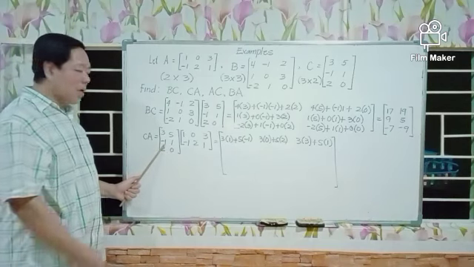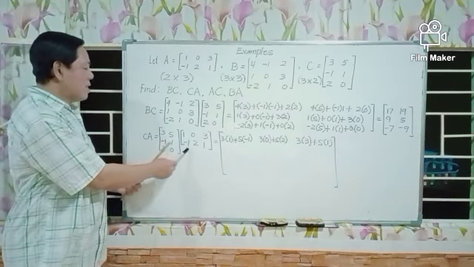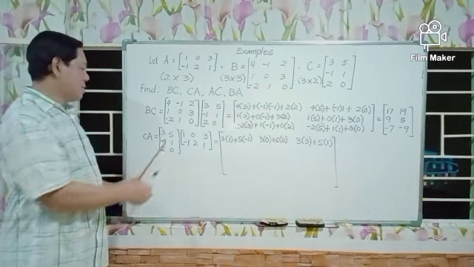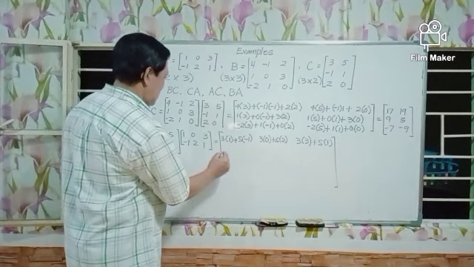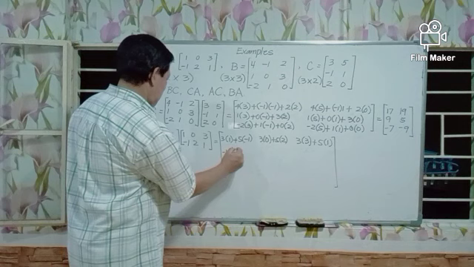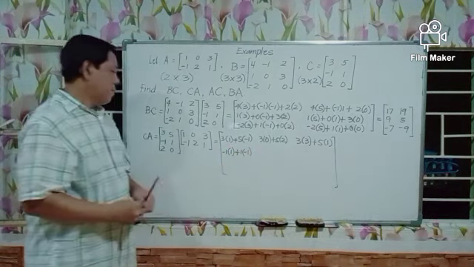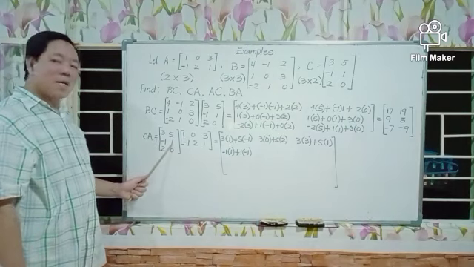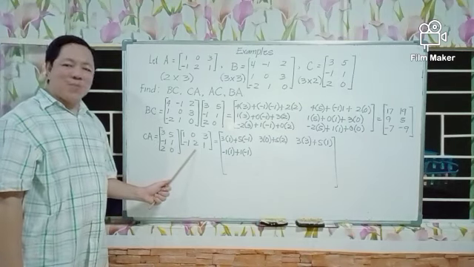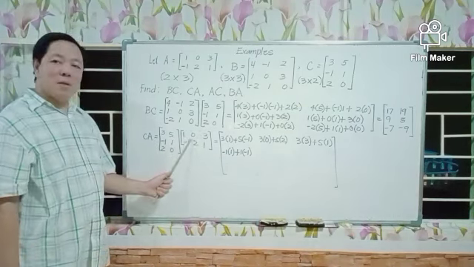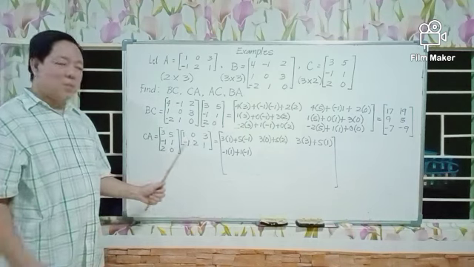We get negative 1 multiplied by 1 plus 1 multiplied by negative 1. Next, we multiply the second row by the second column, negative 1 by 0 plus 1 multiplied by 2.